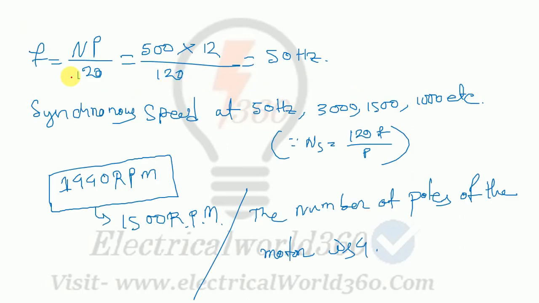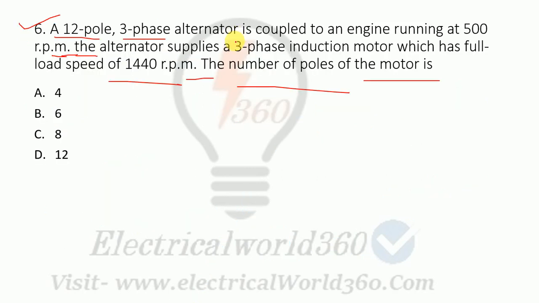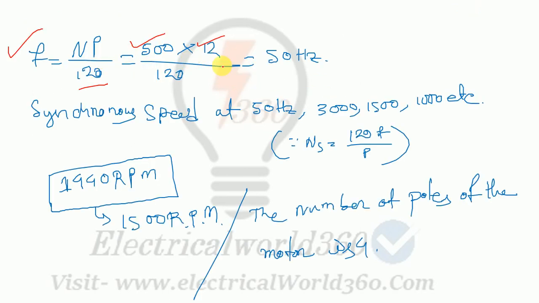So as we know, the frequency is equal to NP divided by 120. So here the N is 500, it is given in the question, and the P is 12. Here you can see this is the number of poles and this is the rotating speed 500 rpm. So divided by 120, the frequency will be 50 Hz.